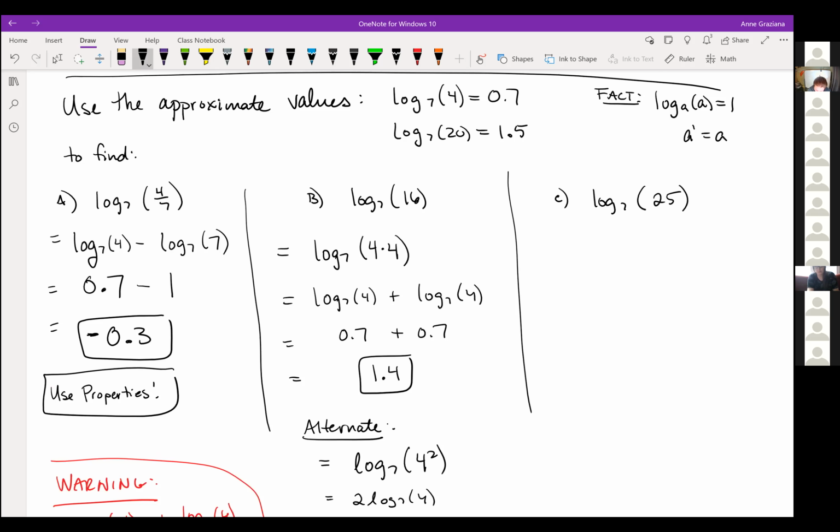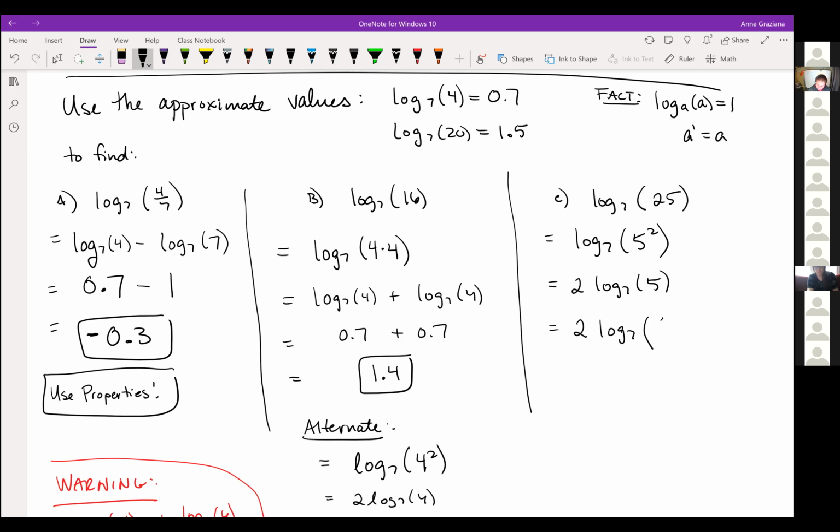So let's start with this. I can write this as 2 times log base 7 of 5. The problem is I don't know anything about log base 7 of 5. I'm not given information about that. So I have to rewrite 5 using 20 and 4.